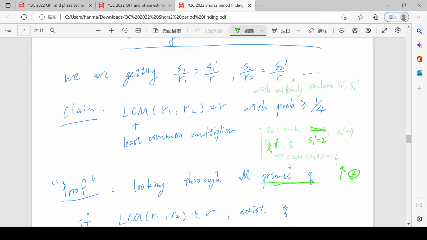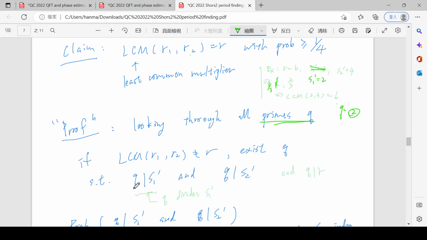And you can more easily convince yourself that if something bad happens, then you must have this bad prime that is co-prime to basically everything. So you need to have this bad prime Q such that Q is a factor of S1 prime.